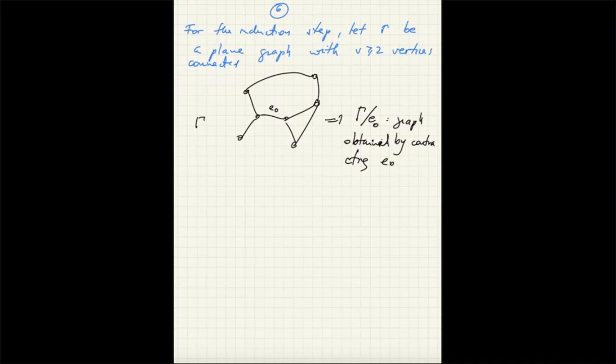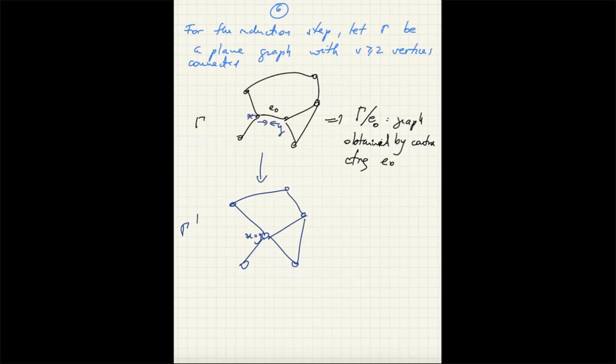So in our situation, if these are the endpoints X and Y here, they become one vertex. You have here the vertex that stands for both X and Y. You can think of X and Y getting closer, contracting into one single vertex. So this is, let's say, gamma prime.